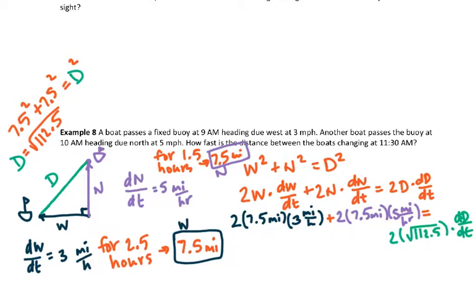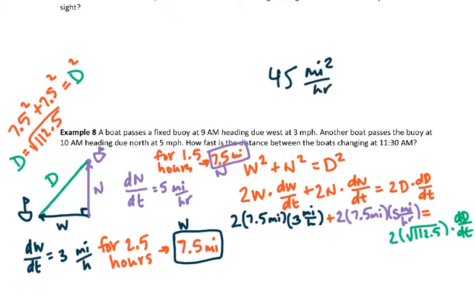And that's a lot of beautiful work right there. So let's do our best to simplify what's on the left. I have 2 times 7.5, which is 15, times 3, which is 45. And that would be miles times miles per hour, so miles squared per hour.